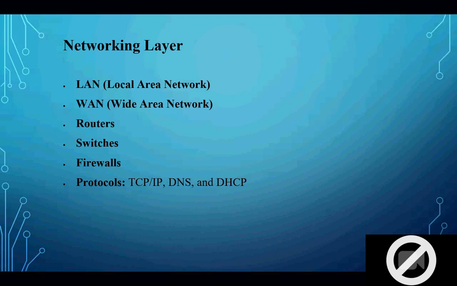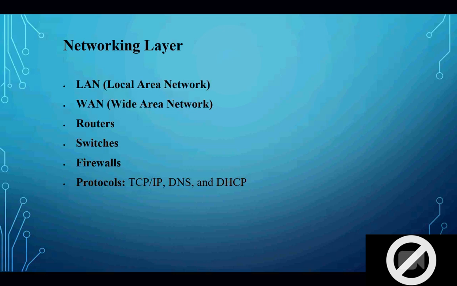So your home is a local area network. Then we have a wide area network, which connects multiple local area networks across regions or globally. And again, we have routers, switches, firewalls, and protocols. I know this might be a little bit confusing, so let me explain.